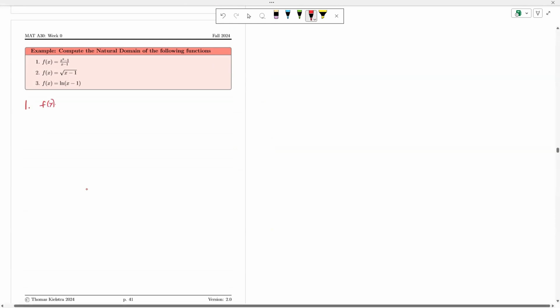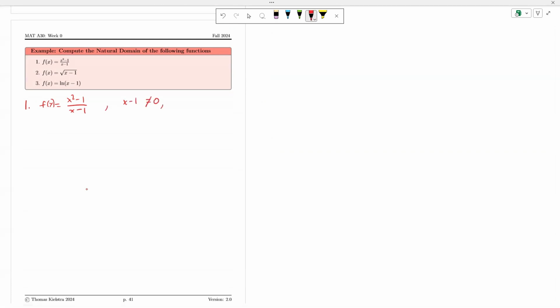f of x equals x squared minus 1 over x minus 1. Here, x minus 1 cannot equal 0. x cannot equal 1. This is my first constraint. Now, it's also my only constraint.